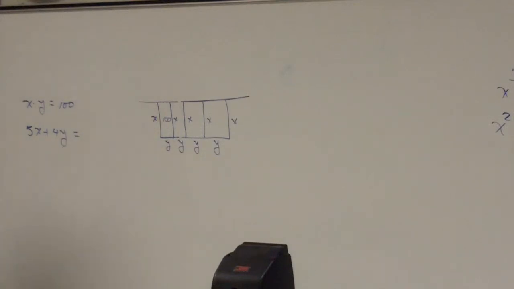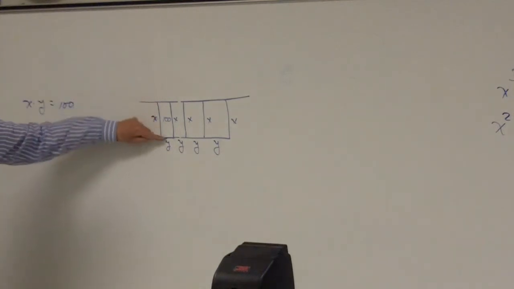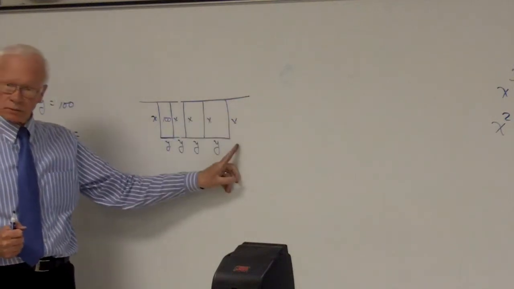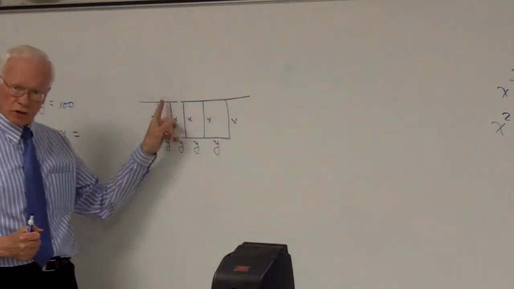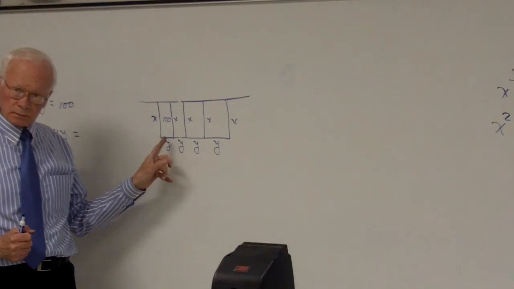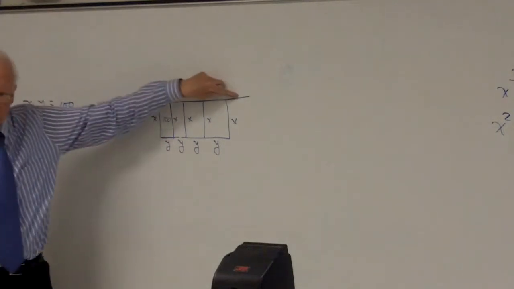So we're using the area of the little one and then the perimeter of the big one. The perimeter we're looking at is this, this, and this. And we have to also fence the inside. We don't have anything along the top.